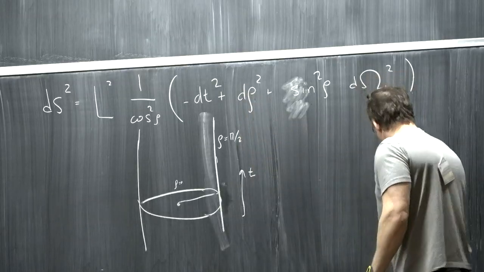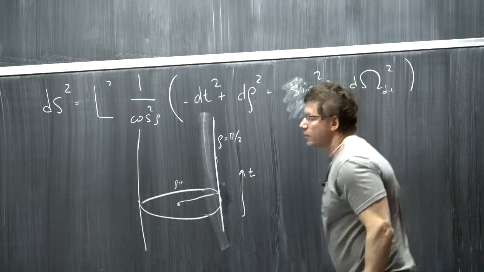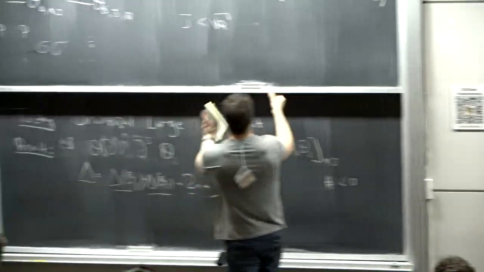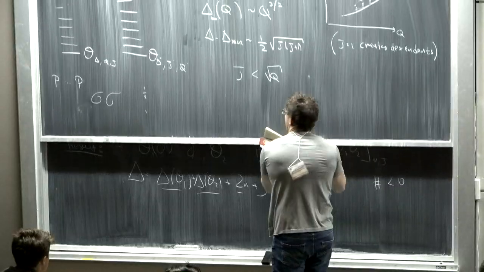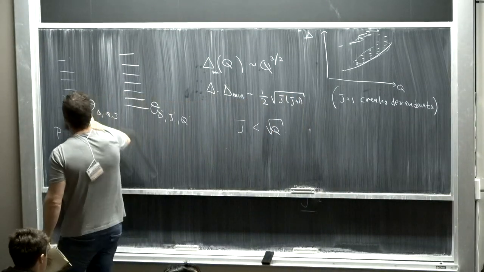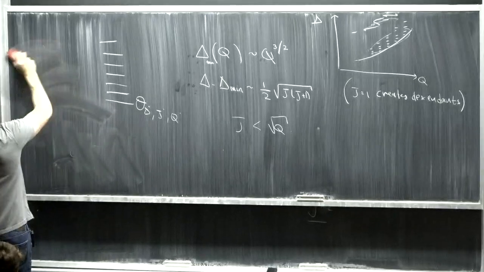Now AdS_{d+1} is convenient as far as the isometries go, because the ordinary isometries in AdS_{d+1} are the same as the conformal isometries in conformal field theory in d dimensions.